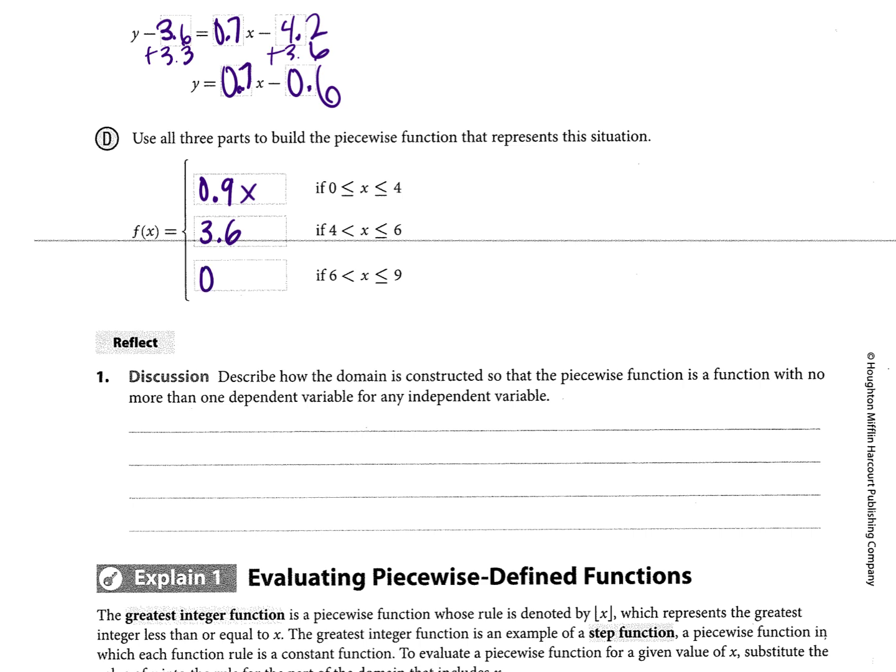And then the last one, we have 0.7x minus 0.6. And so you can see the domain pieces: the first 4 minutes, then the next 2 minutes, and the final 3 minutes. It breaks it up into those 3 different chunks from the graph.